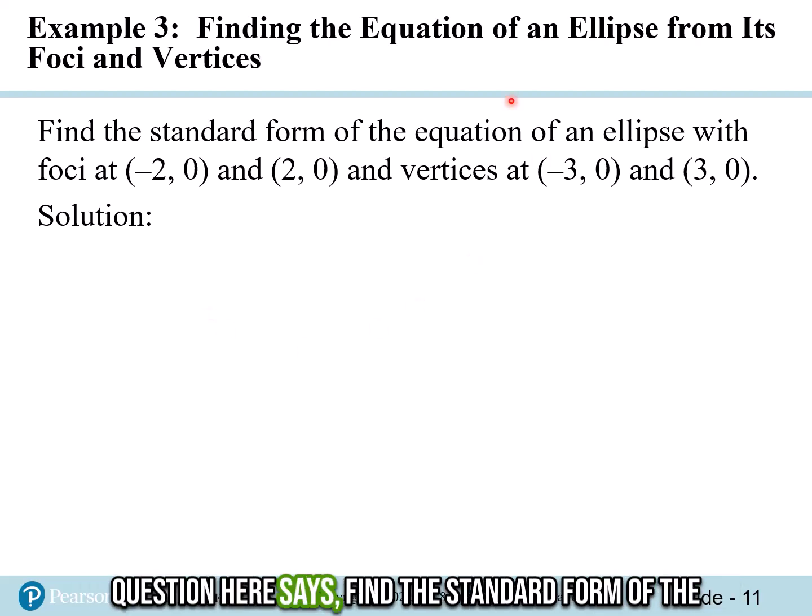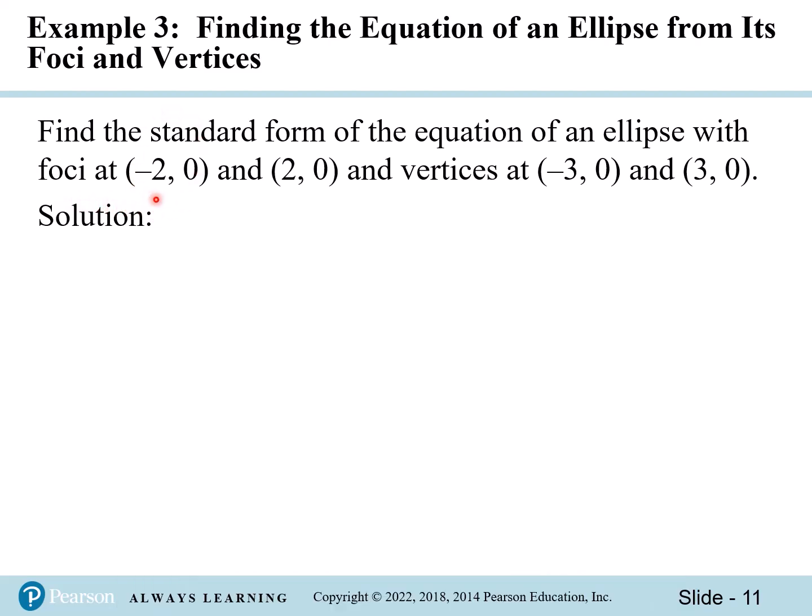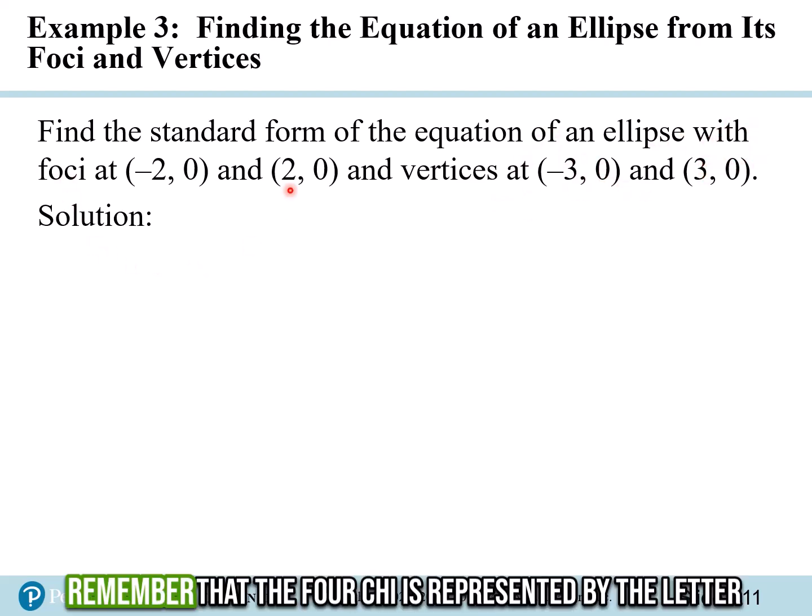The question here says, find the standard form of the equation of an ellipse with foci at -2, 0 and 2, 0 and vertices at -3, 0 and 3, 0. Remember that the foci is represented by the letter c.